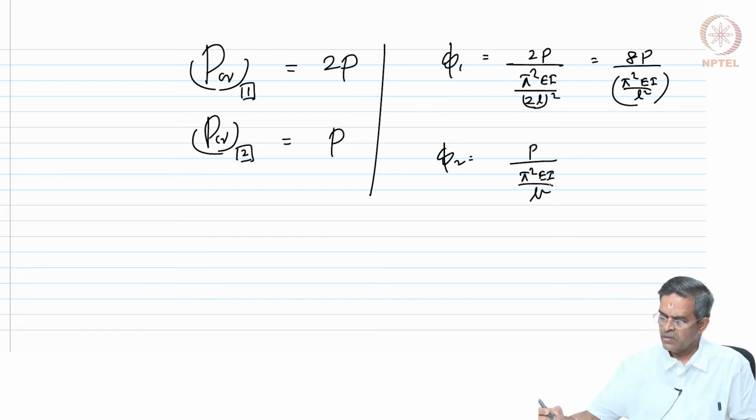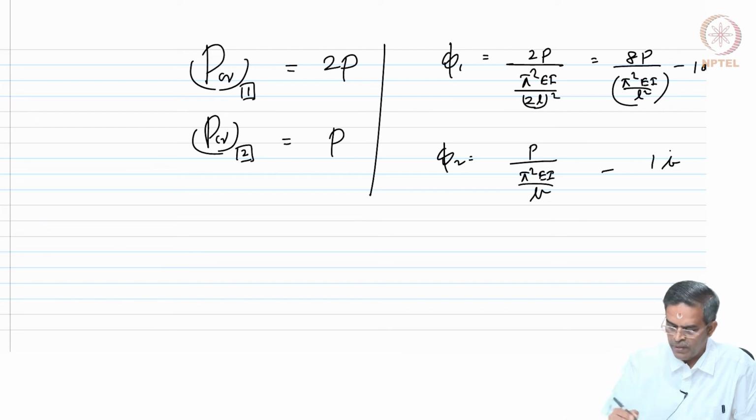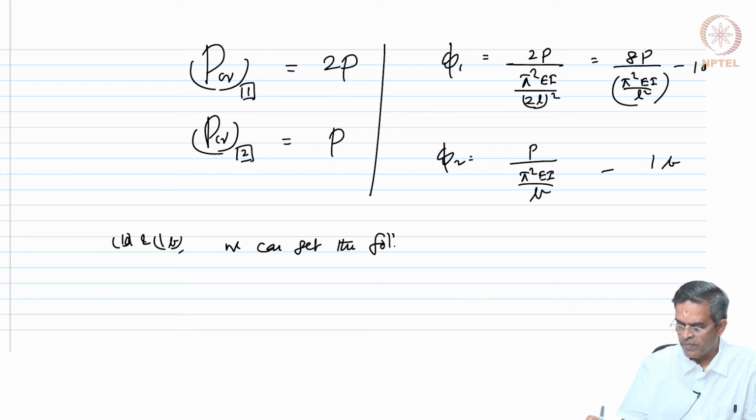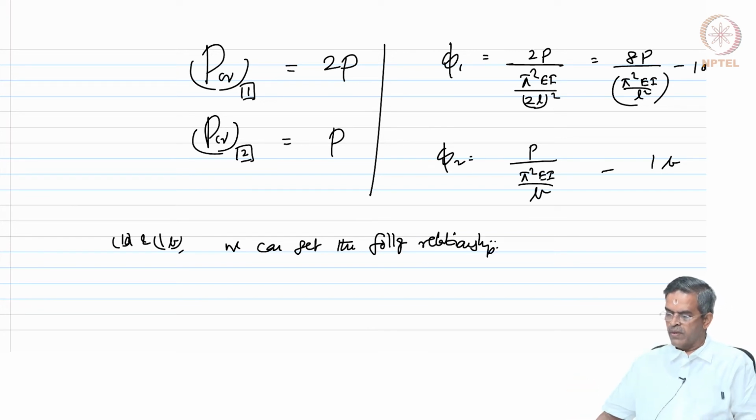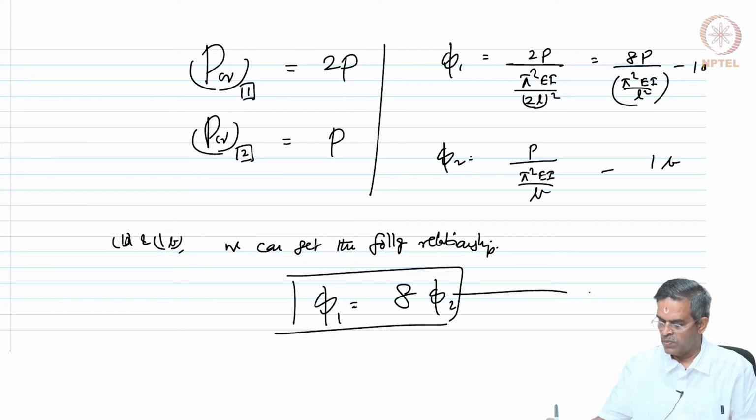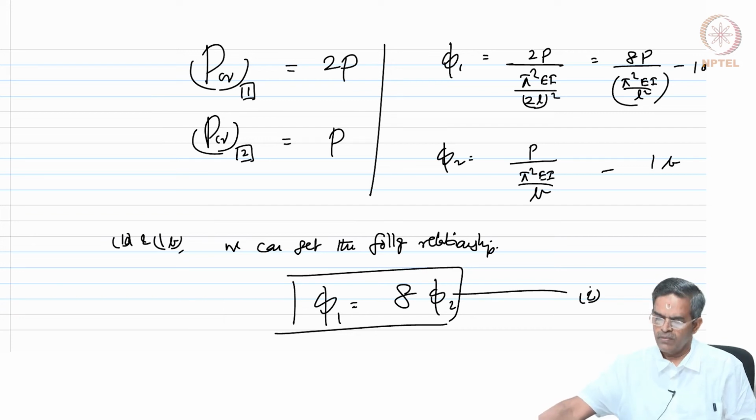Okay. So, by this logic, comparing equation 1A and 1B, we can get the following relationship, which will be phi 1 is 8 times phi 2, equation 2. So, we got a relationship, and we got the KUU determinant as well. So, I am now going to satisfy these two conditions.